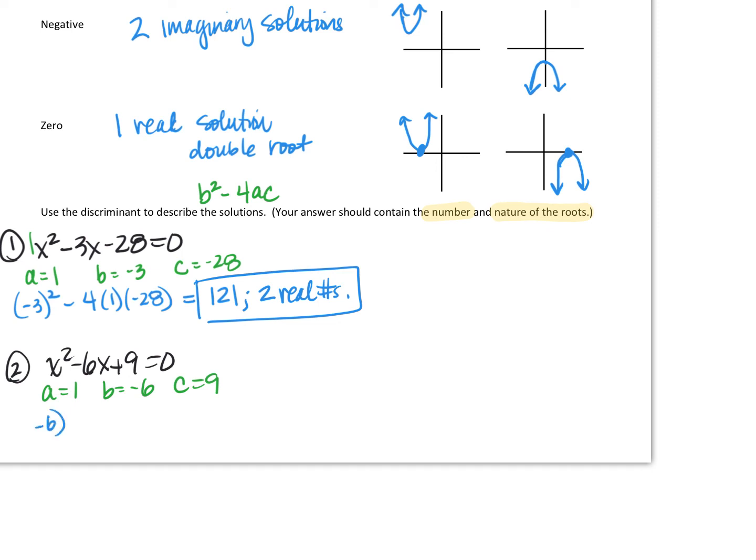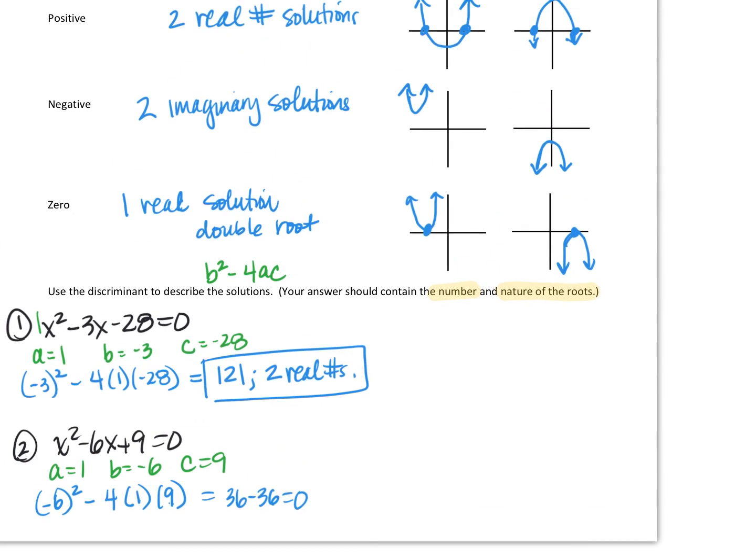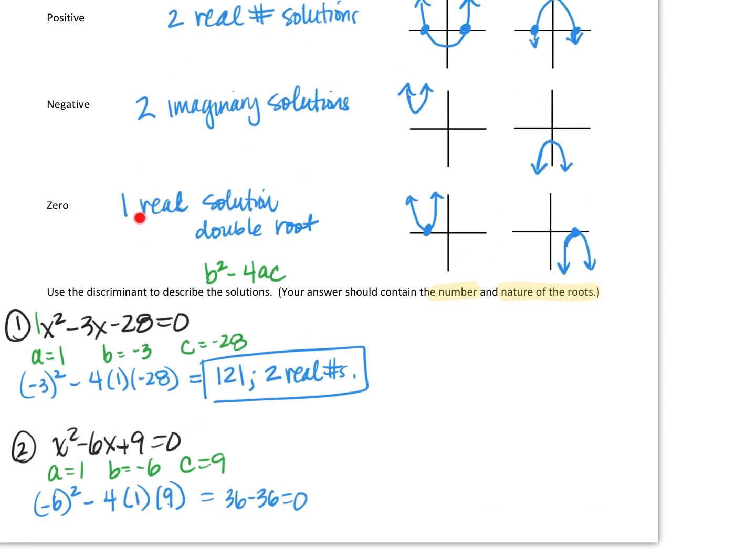So b squared, negative 6 squared, minus 4 times A times C. Now you can put that in the calculator, but negative 6 squared is a positive 36. 4 times 9 is 36, so 36 minus 36 is 0. And we said earlier, what if it's 0, there's one real solution and it's a double root. So that's what's happening with this guy.